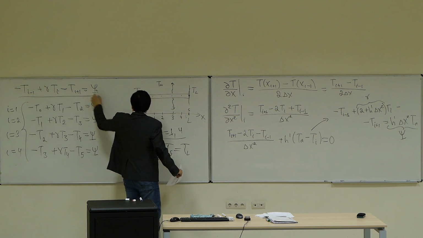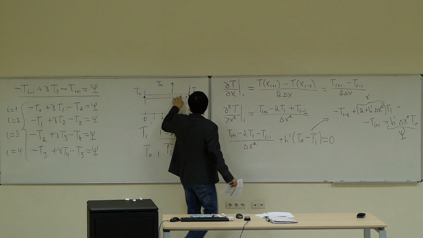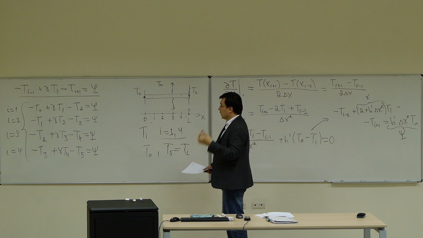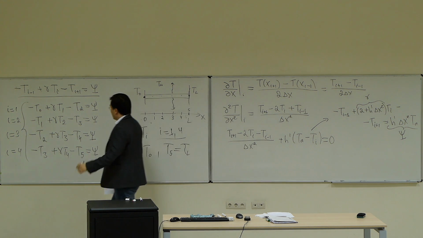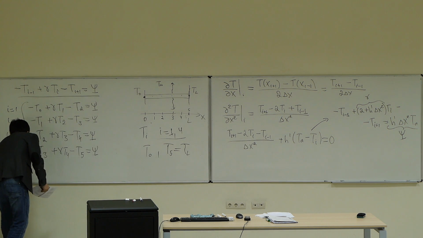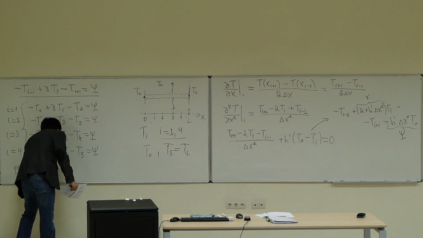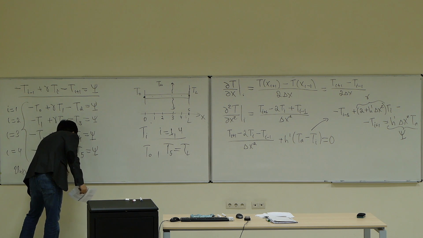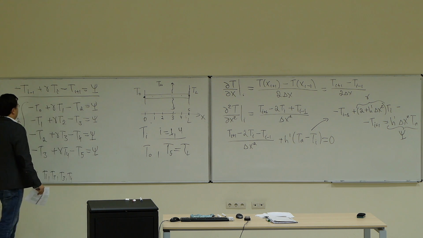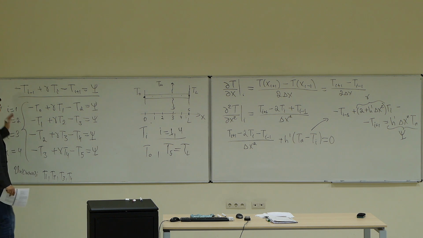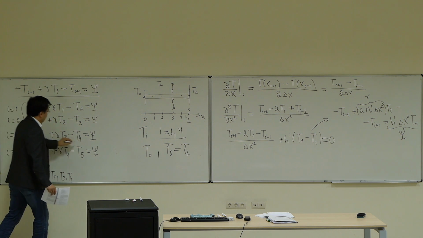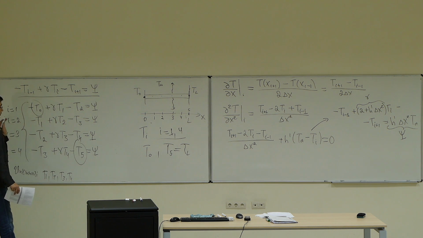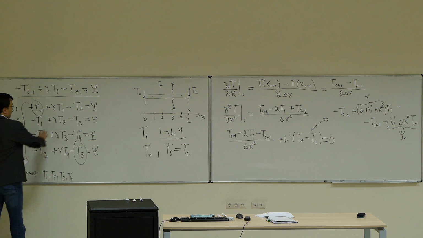I get a system of equations. If I write this equation at every interior point, I get a system of linear algebraic equations. What are my unknowns? My unknowns are T_1, T_2, T_3, and T_4. So these are 4 equations for 4 unknowns. T_0 and T_5 I know, they are given by boundary conditions. The rest of the terms I don't know.